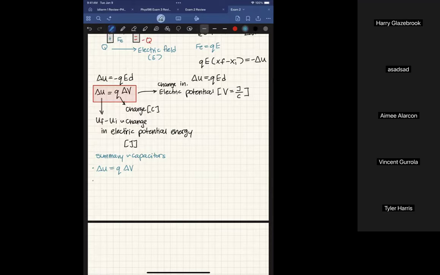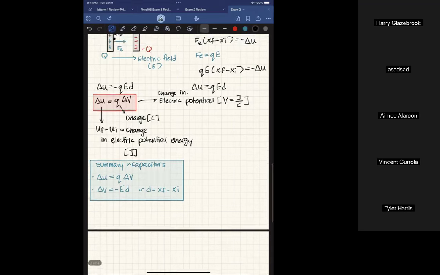And we also know that change in potential energy equals negative electric field times your displacement, d. And just to remind you, d is your final position minus your initial position. So if and when you see a capacitor on the test, go right to here, remember your work equations. Past that, it's just conservation of energy as you would in Physics 195.